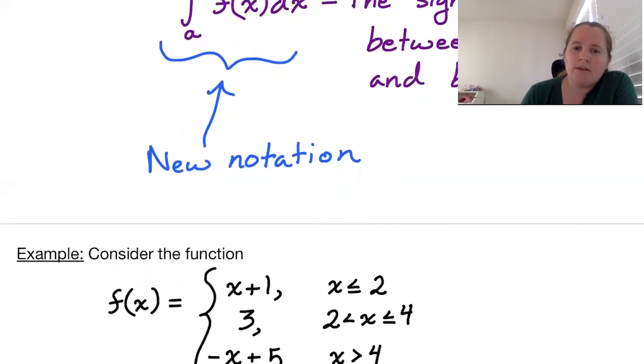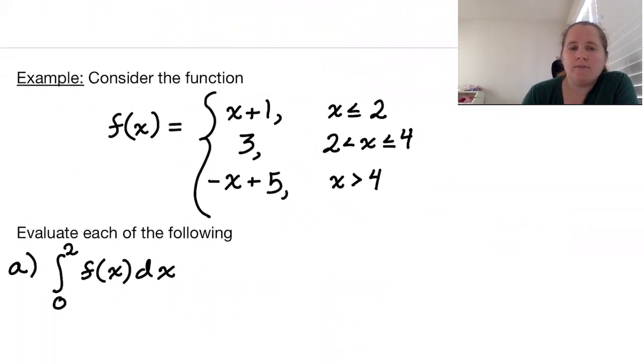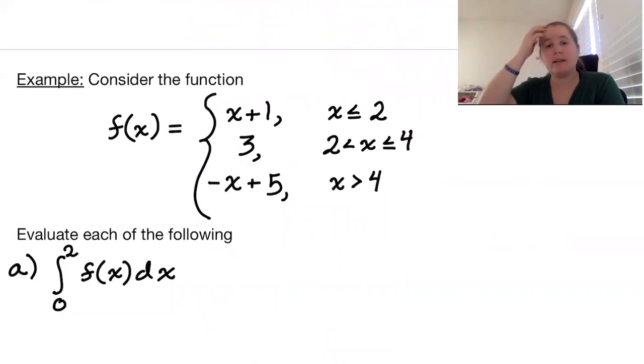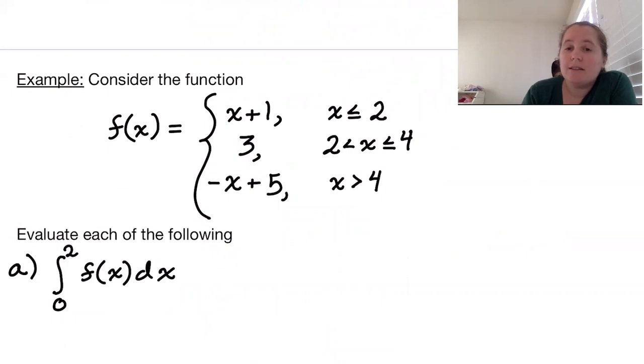So let's go ahead and consider the piecewise function. f of x equals x plus 1 if x is less than or equal to 2. Then it's a constant 3 between 2 and 4. And then it equals negative x plus 5 for x greater than 4. Actually, I'm going to change that. That is not what I meant to have. I apologize.